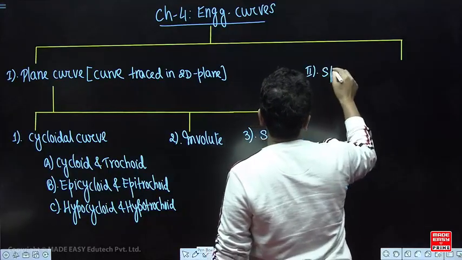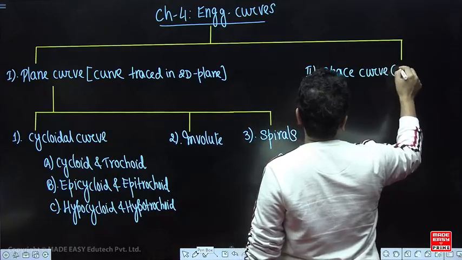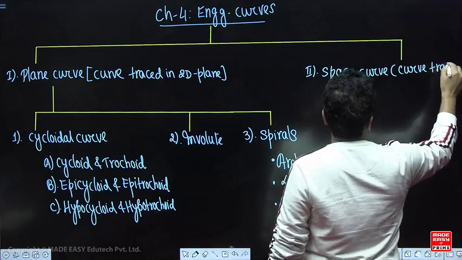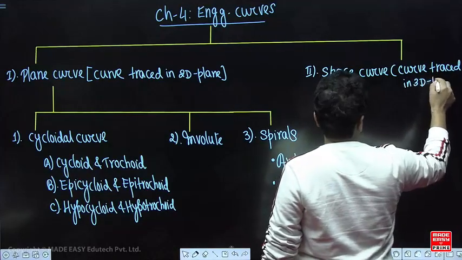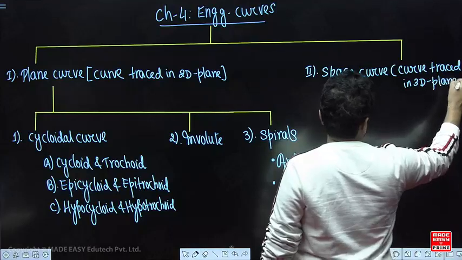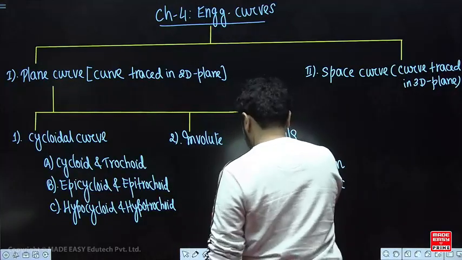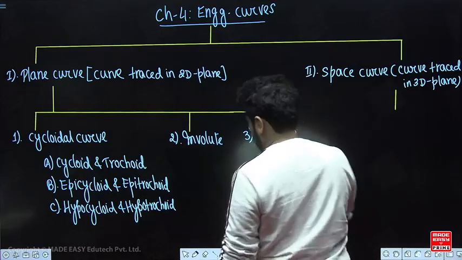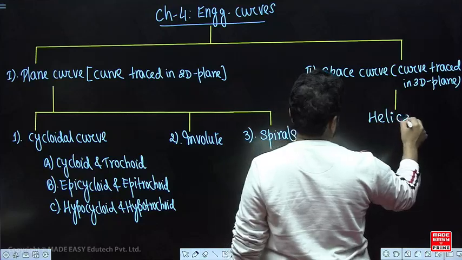What is space curve? Curve traced in 3D. In this we have only one, called helix.